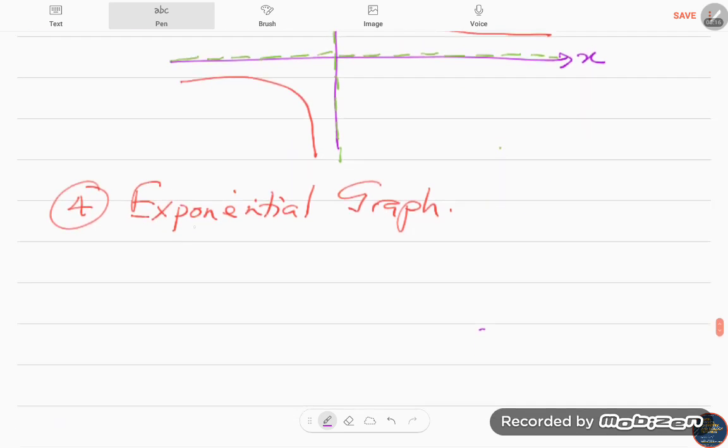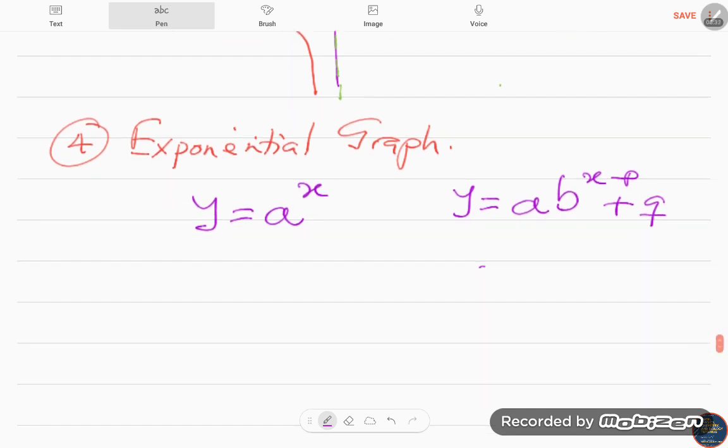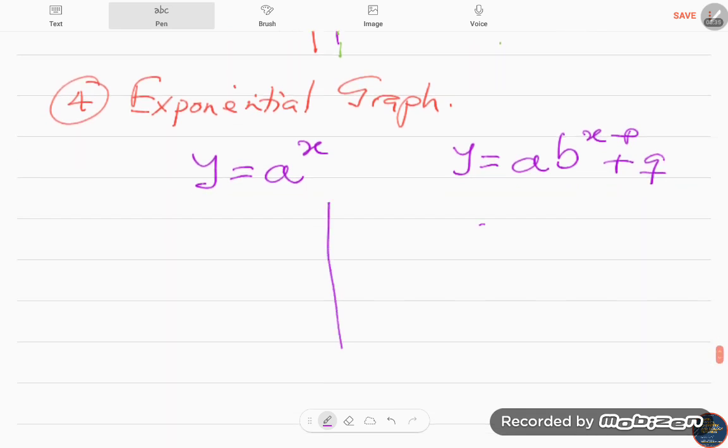The general format for the basic one is really just knowing this here. That's the one that we're going to draw for. But the expanded format is the one that you are going to meet very often. That one right there.